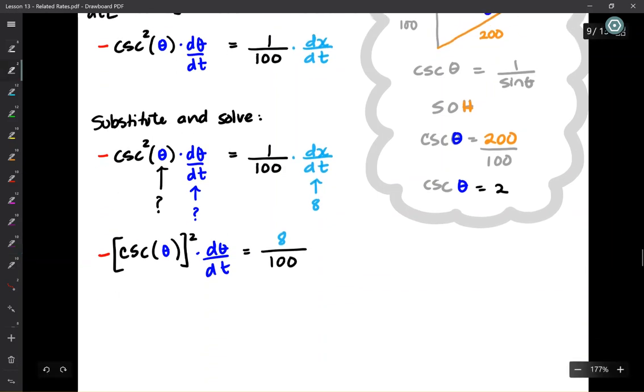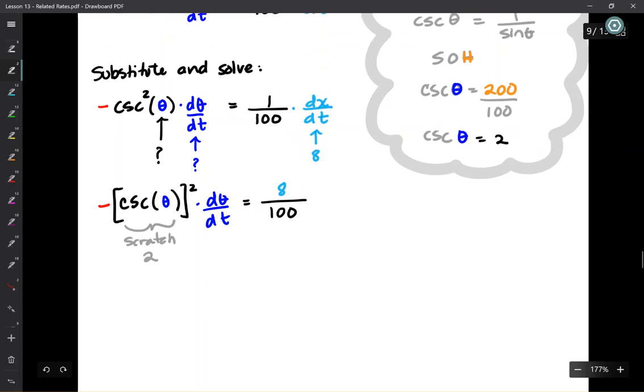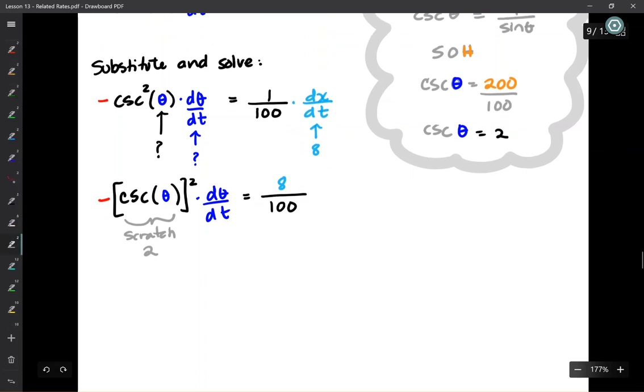So from our scratch work, we found that this value is 2. And now we're just ready to solve. We've got minus 2 squared, which is minus 4, times d theta dt, the thing that I'm looking for.